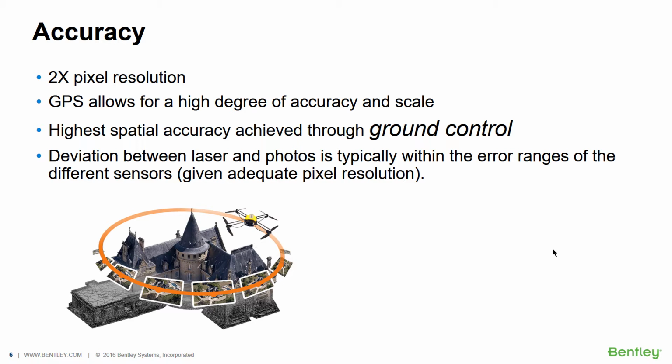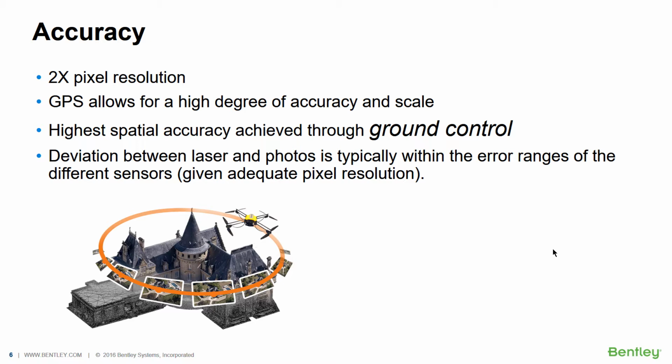The better the camera, obviously the better the accuracy. So let's say each pixel covers 2 centimeters. We all know a pixel is a little square. If we measured that square on its edge, and it was 2 centimeters, then the accuracy of our mesh would be 4 centimeters.